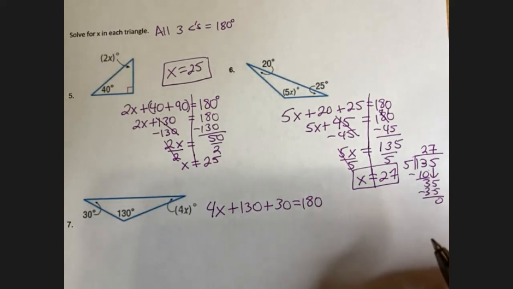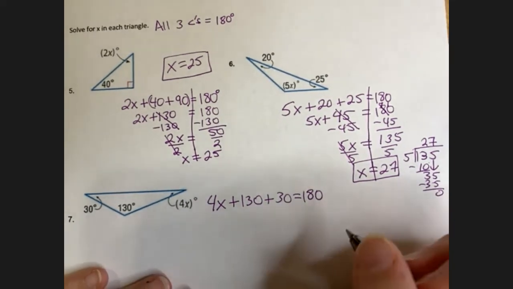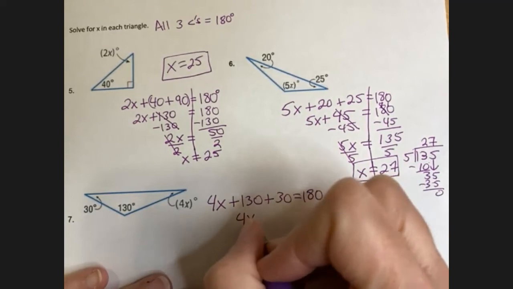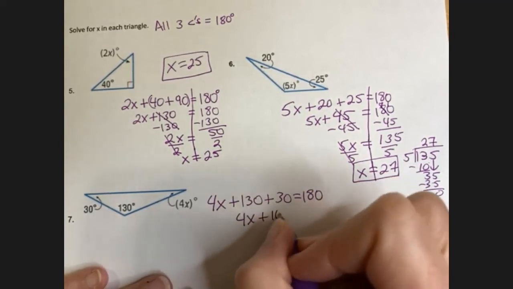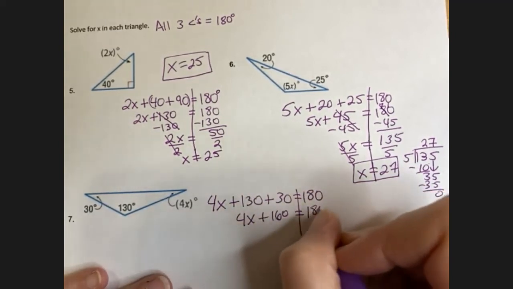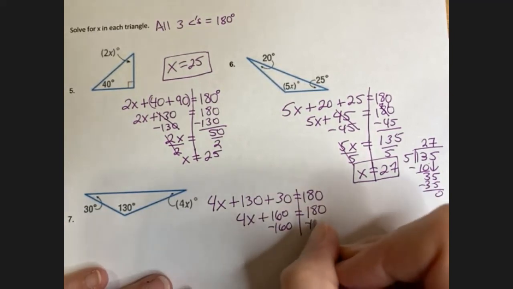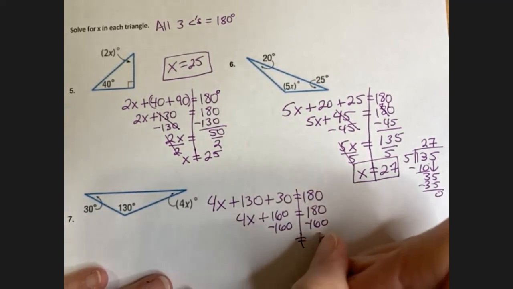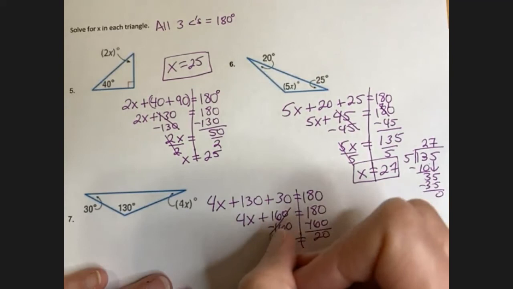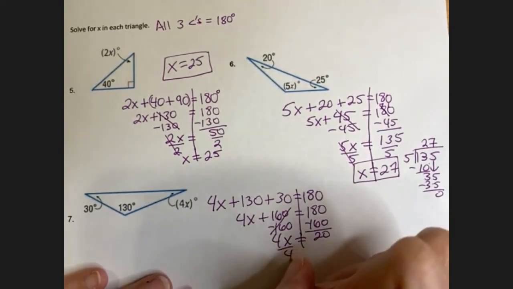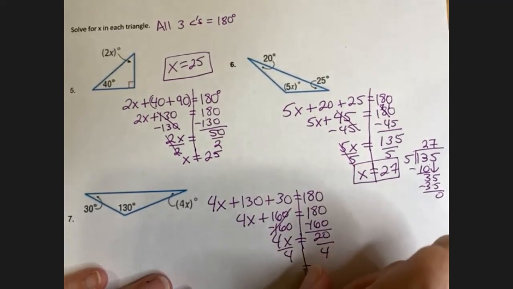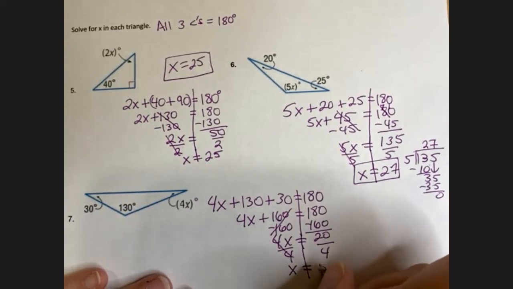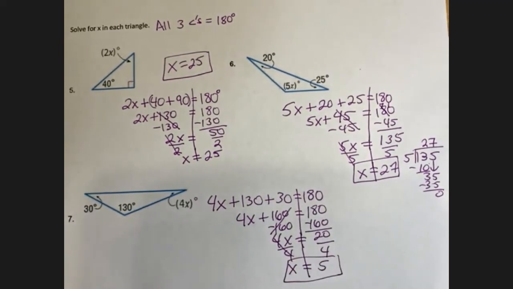And you've got to know that fact. Learn it. So I've got 4x is 130 and 30 make 160. That equals 180. Subtract 160 from both sides. I get 20. 4x is 20, divide by 4. And x equals 5. And I'm done.